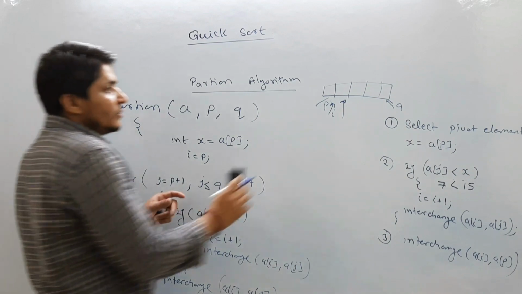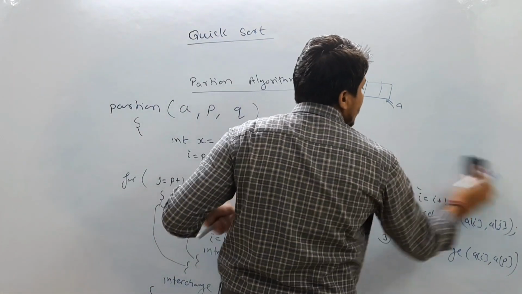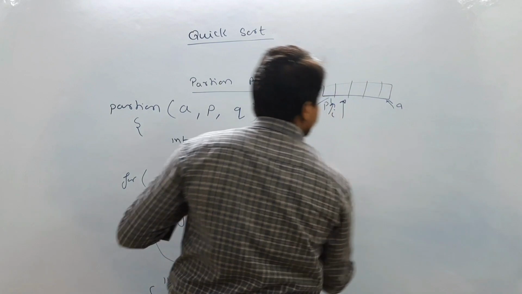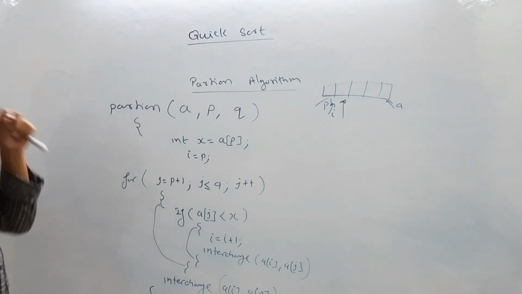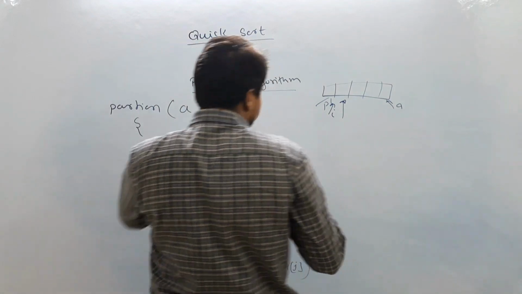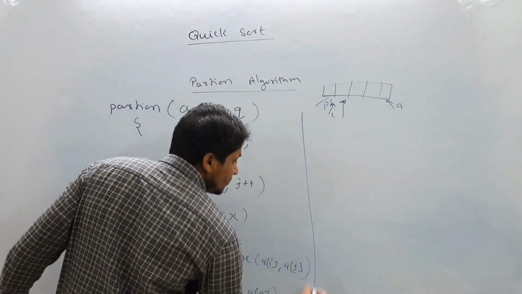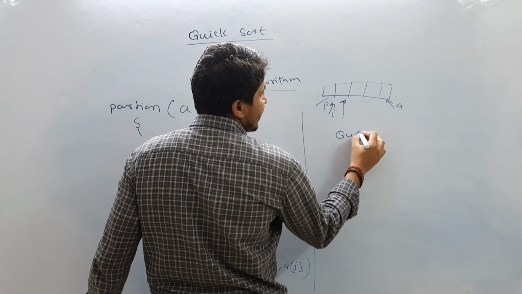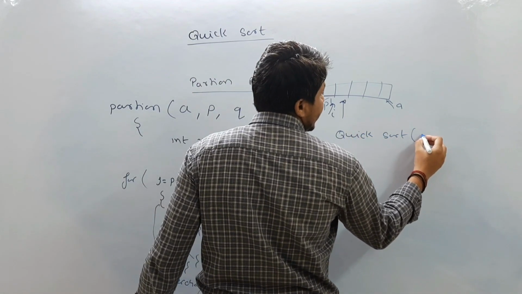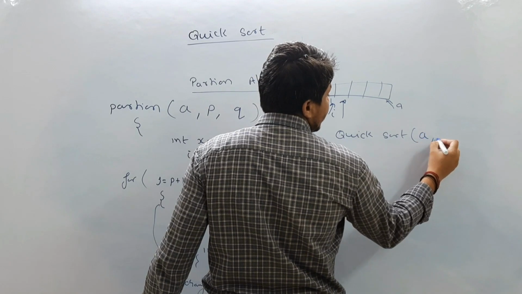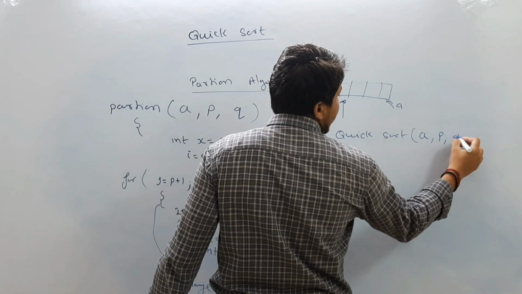So let us try to understand what quicksort is. Let me write the quicksort. Once you understand partition, quicksort becomes very easy. Let's suppose we are applying quicksort on an unsorted array, and P is the starting index, Q is the last index.